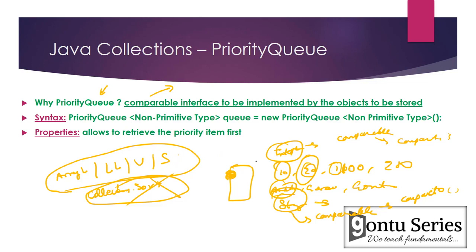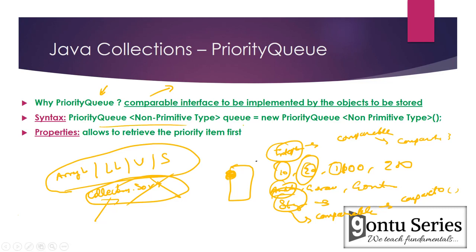But PriorityQueue makes it mandatory that you write Comparable, because using its compareTo method only it will know which object is bigger and which is smaller, because this is how it works. Alright, so that's how it works, nothing more.